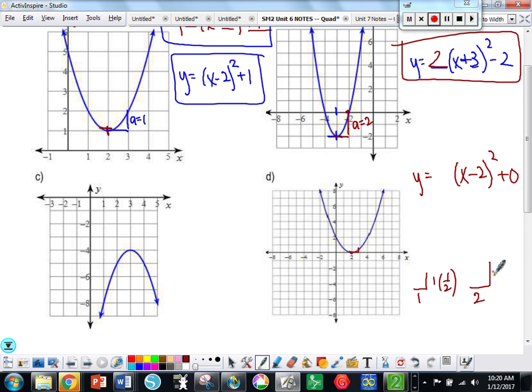I'm just trying to check. This is the general pattern. If it was 1/2, I could go over 2 and up how many? 2. Did the graph go over 2 up 2? Yeah, so then that confirms for me that this stretch was 1/2. That was convenient. And you can either leave the 0 or take it off.